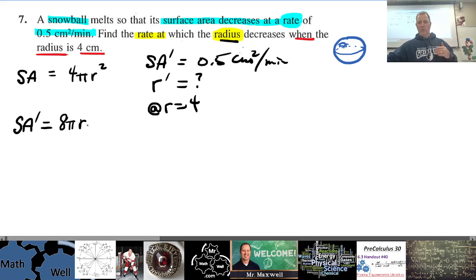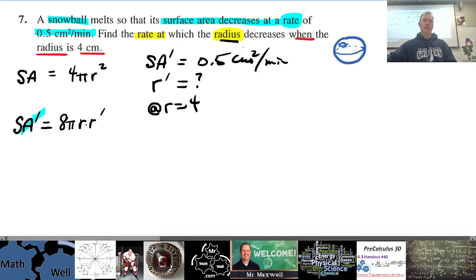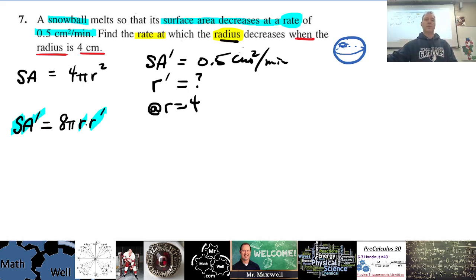And because we're taking this derivative with respect to time, we have to multiply by r prime, chain rule. So this is so handy. We have our given, and we have what we're trying to find.